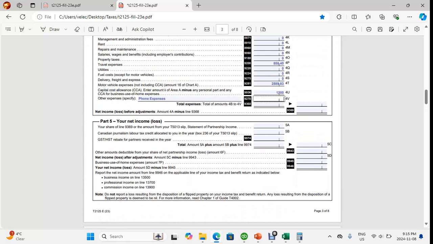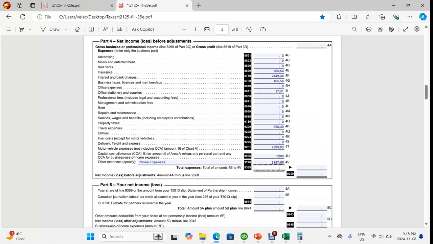So part 4 phone expenses will be $6,157.55. Your total expenses, or you know what? Let's leave this one blank as well. Let's say we don't have any phone expenses, so this will be 0.